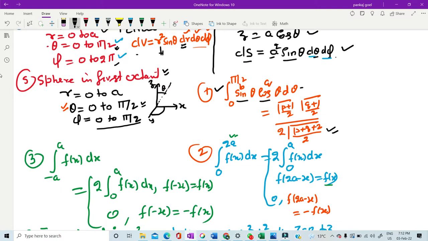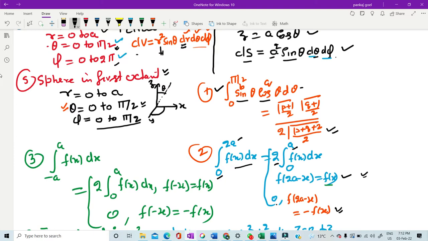You know that for definite integration, if you want to halve the limit, here the limit is 0 to 2a of f(x) dx. You can write 2 times the integral from 0 to a of f(x) dx if f(2a minus x) equals f(x), and this is equal to 0 if f(2a minus x) equals minus f(x).